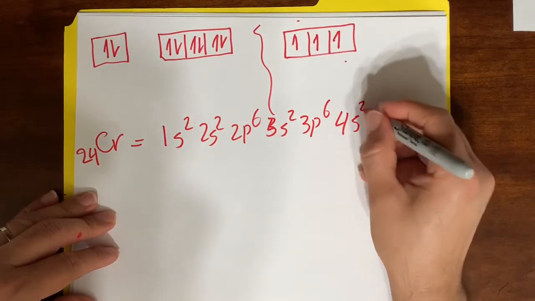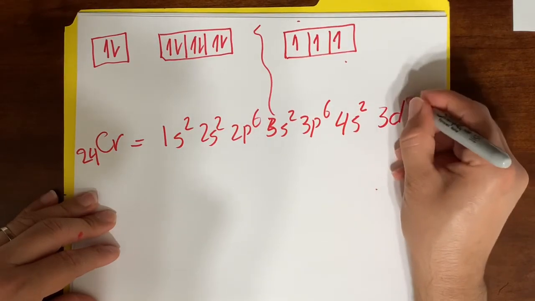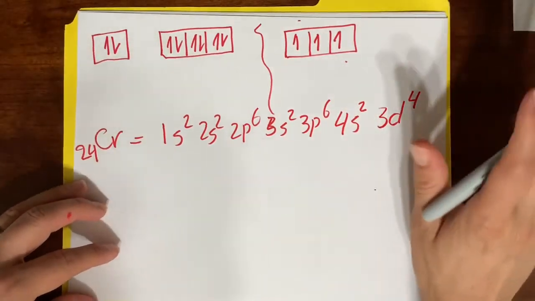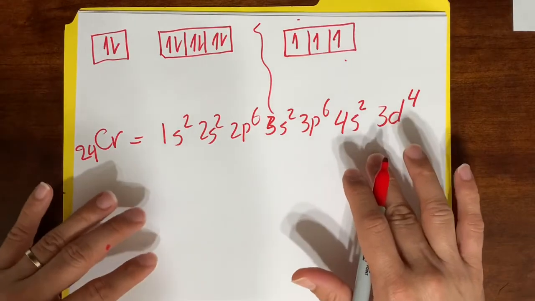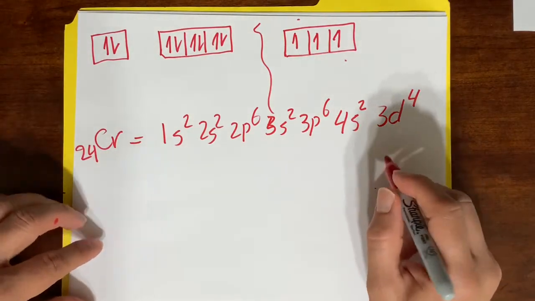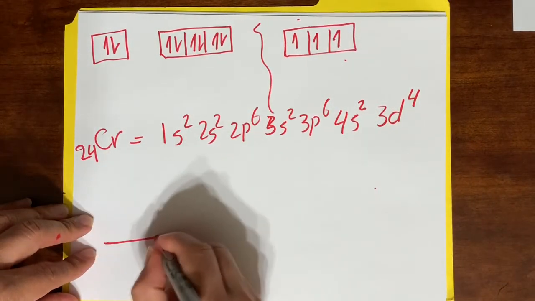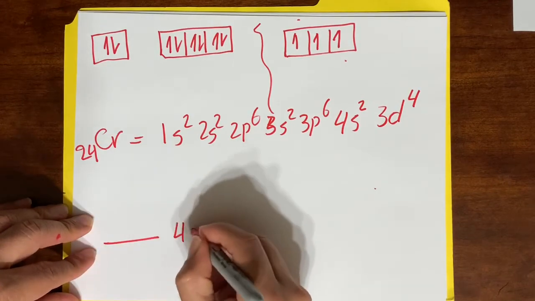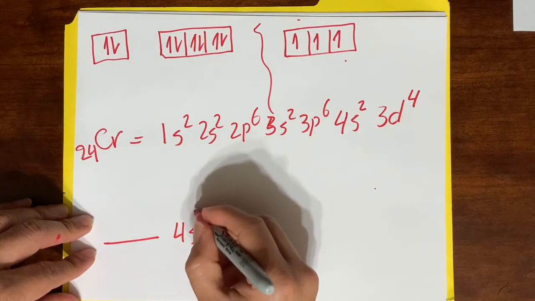We're supposed to have 4s2 and 3d4. That's expected, but this is not correct. So the last orbital is here, and before the last one, we have 4s with 2 electrons.